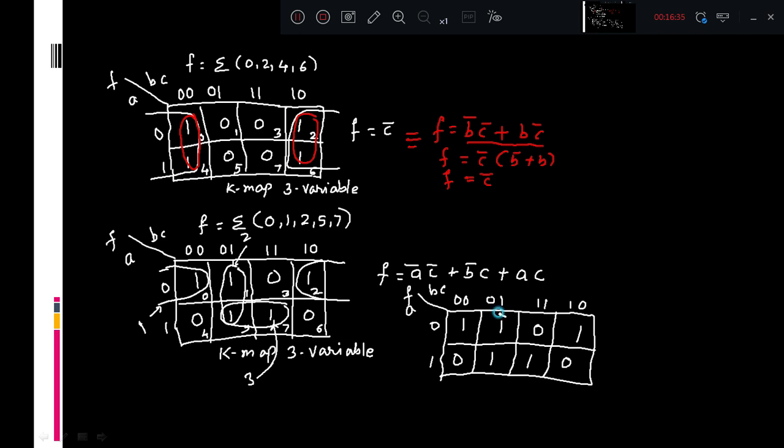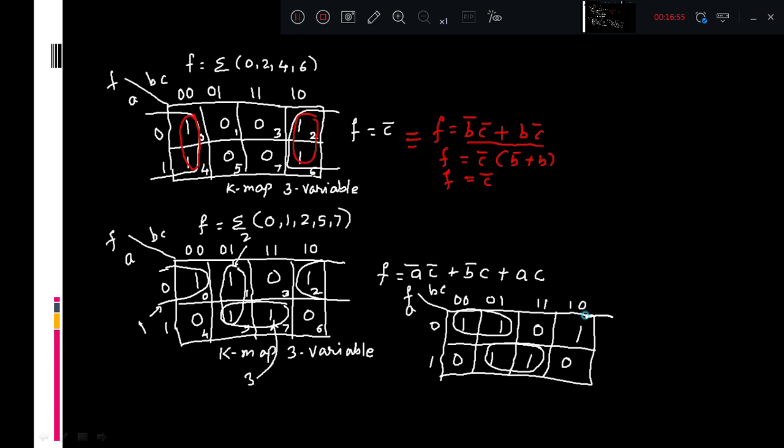You might feel that you'll group like this. In this case, you are left with a single cell. If you group a single cell, you will get a simplified solution, but it is not optimum.